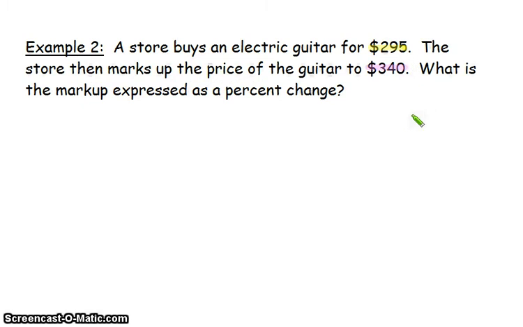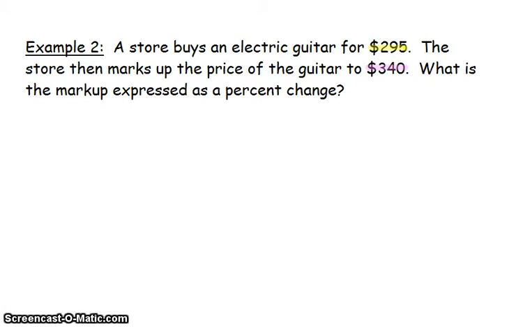So is this an increase or a decrease? It's an increase. We have gone up from $295 to $340. Okay, they marked the price up. So we want to know what is the markup expressed as a percent change. Well, first what we need to know is how much did they mark this guitar up? How much money are they hoping to get off of this guitar, which is what they have to do in order to make money.